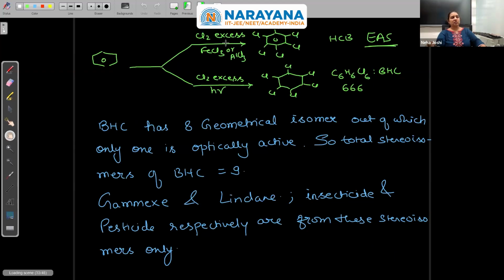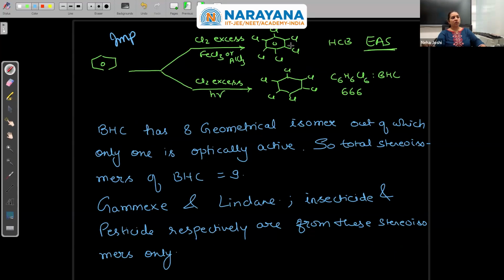If excess chlorine is taken, then you have all chlorine, but this is done by EAS. See, it has no H. The formula for this is C6Cl6, there is no hydrogen. It is hexachlorobenzene. If I have excess chlorine and take it in light, then it is addition.